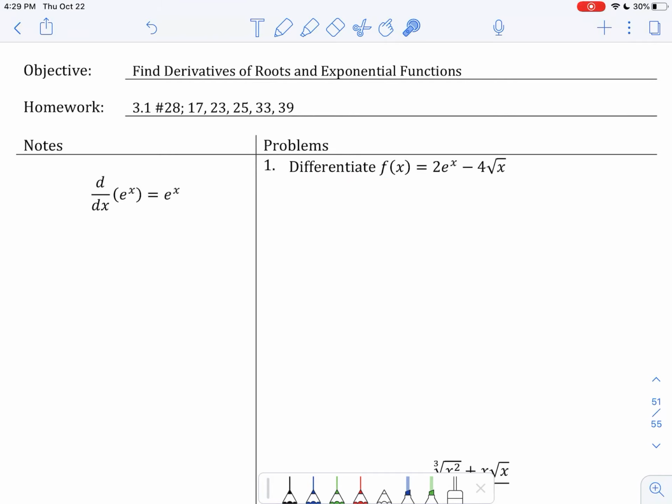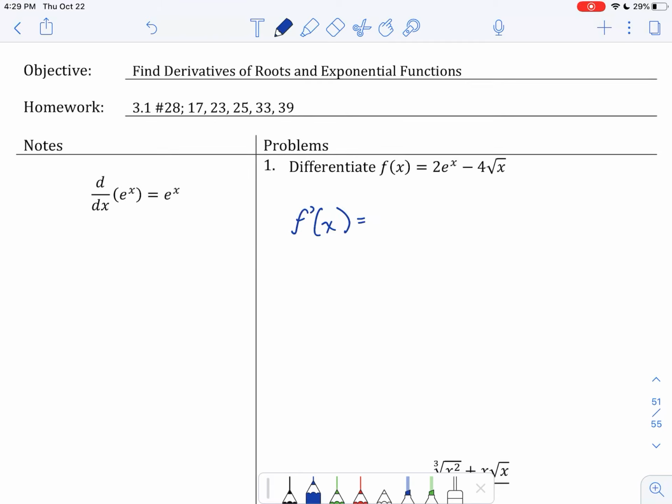So when we see e to the x and we're being asked to differentiate, when we're being asked to find the derivative of, I realize I did not define that term in the last notes and I apologize. Differentiate f of x is equal to 2e to the x minus 4 root x. So when we do that, we, just like last time, are going to think about each term separately.